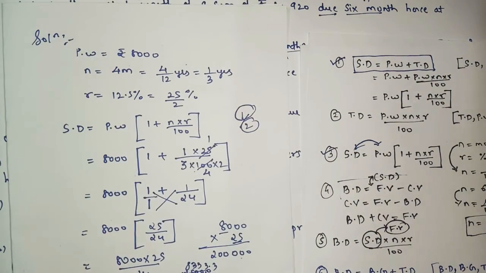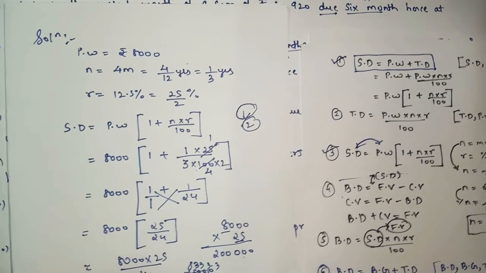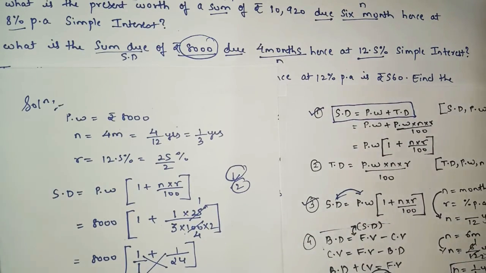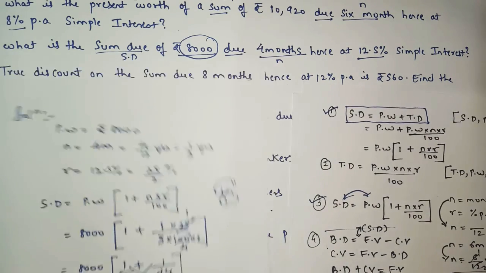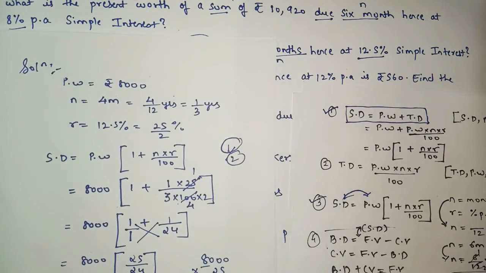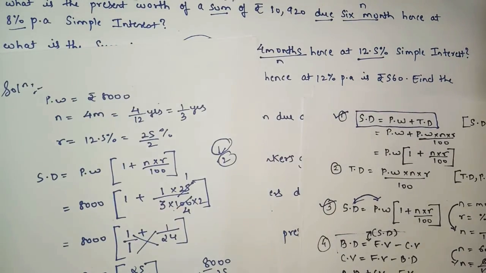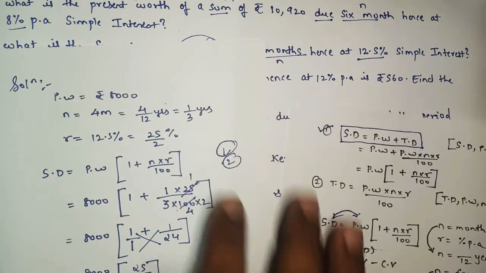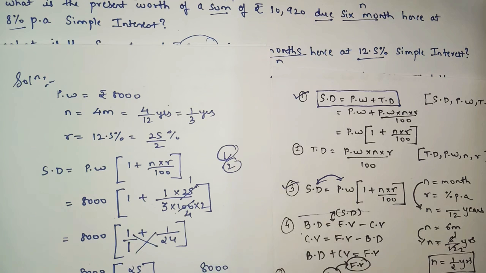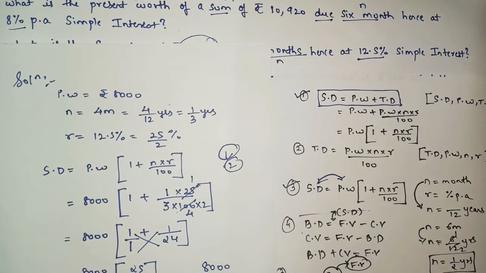I hope you all understood the first two sums of your exercise. As these two sums are actually there in the exercise, the first which we saw was your first sum and this was your second sum of your exercise. If I feel that similar types of sums are there, please try those by yourself.